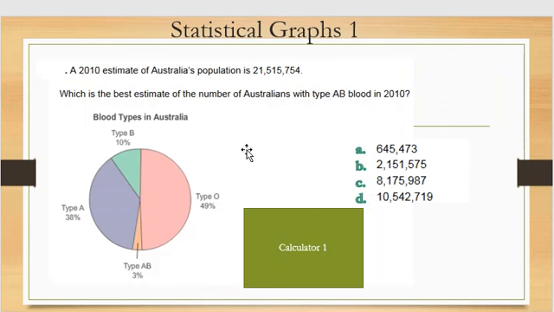Okay, now statistical graphs. A 2010 estimate of Australia's population is 21,515,754, which is the best estimate of the number of Australians with type AB blood in 2010. And you know what?